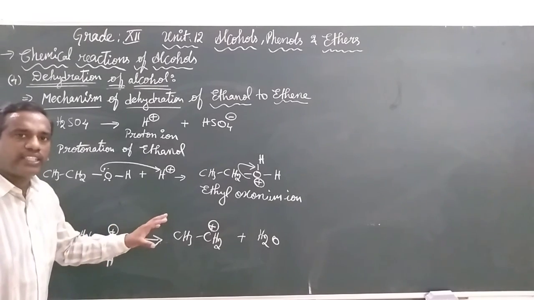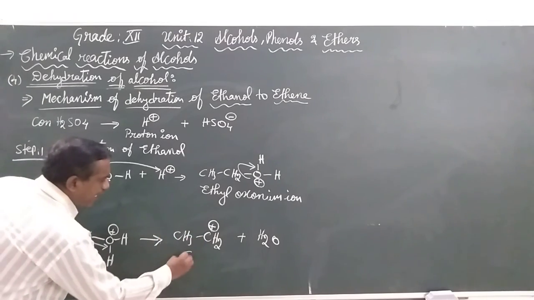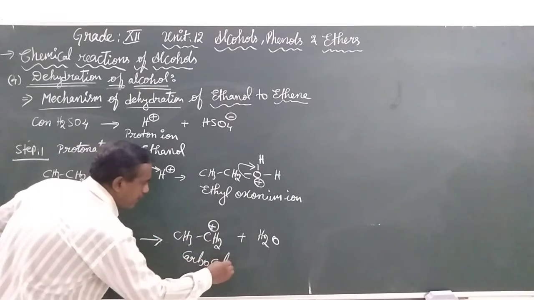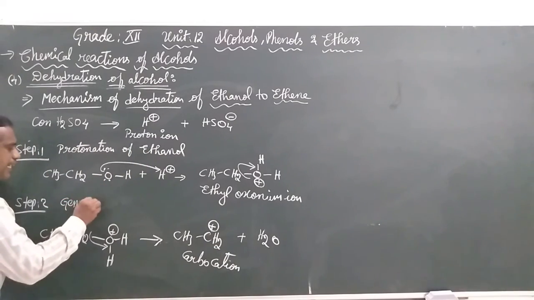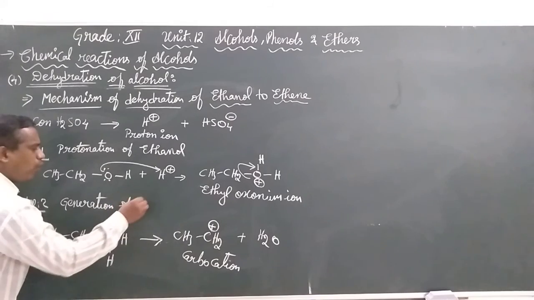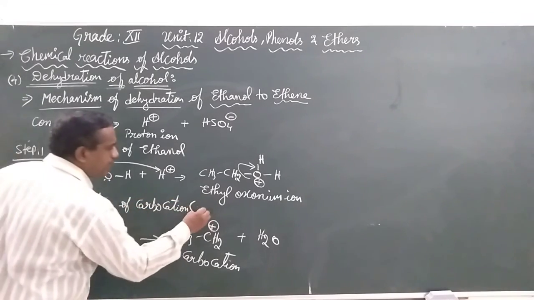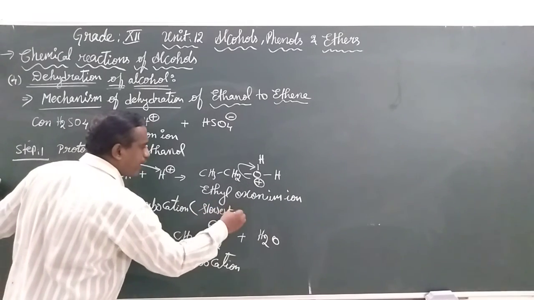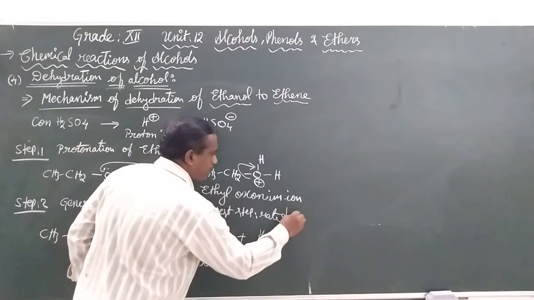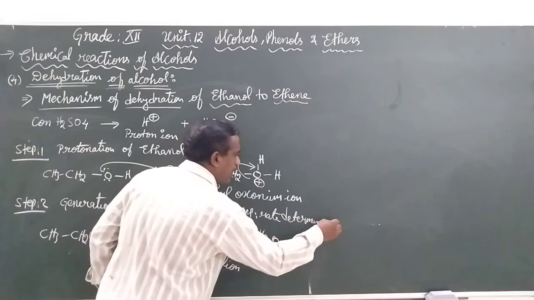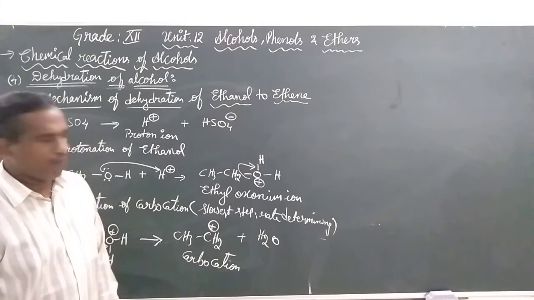This is the slowest step of this mechanism. A carbocation is generated, so step 2 is called generation of carbocation. This is the slowest step, hence it is the rate determining step. By this we can determine the rate of the reaction.